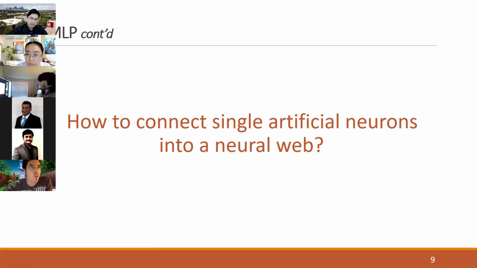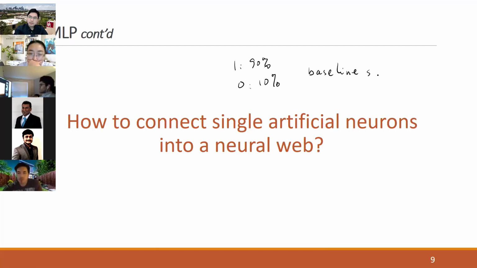If it's a binary classification with two labels, and label 1 is 90% and label 0 is 10% of the data set, then the baseline performance is 90%.